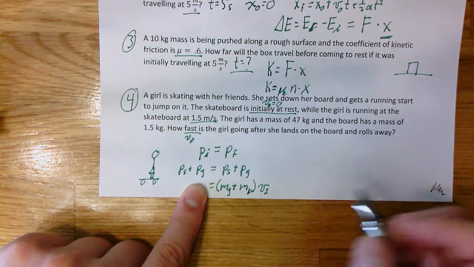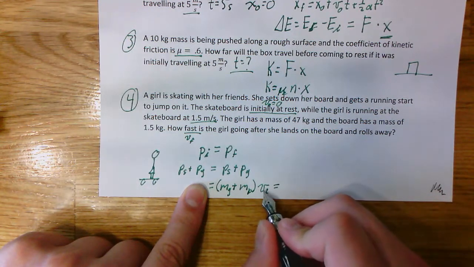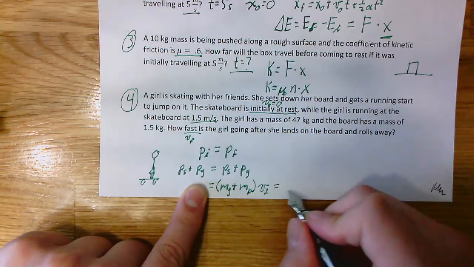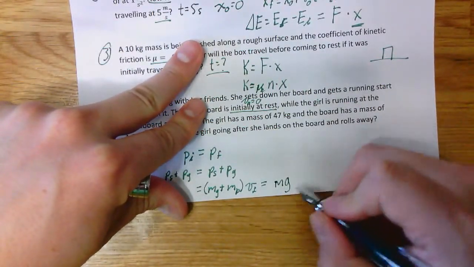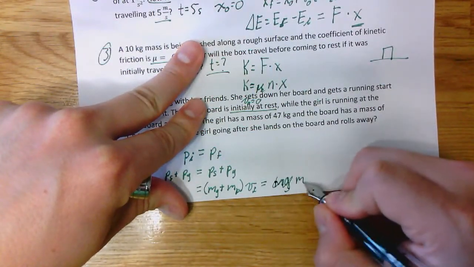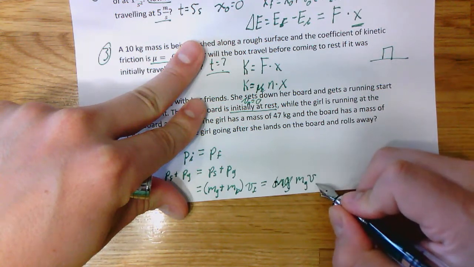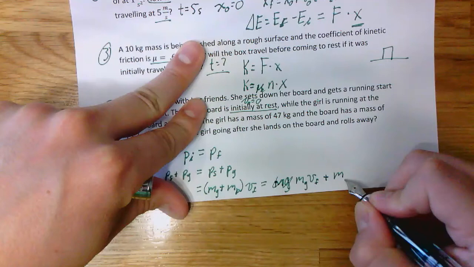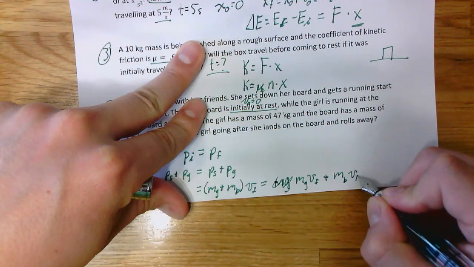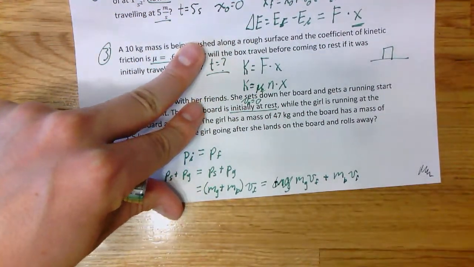They're shared. It's the same number. So if you distribute this like you do in algebra, this is the mass of the girl times her final velocity plus the mass of the board times its final velocity, plus its final momentum.